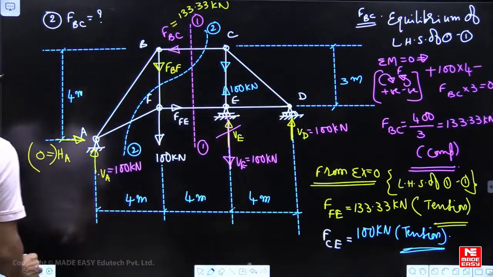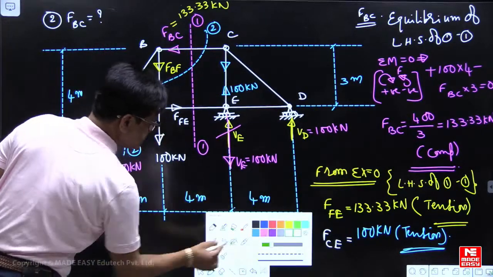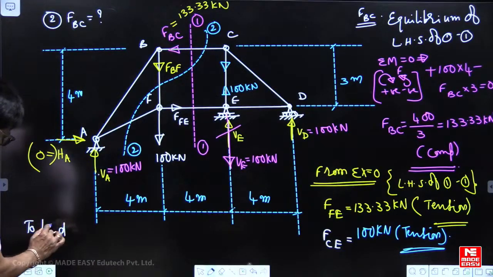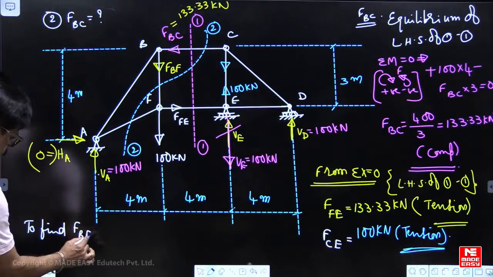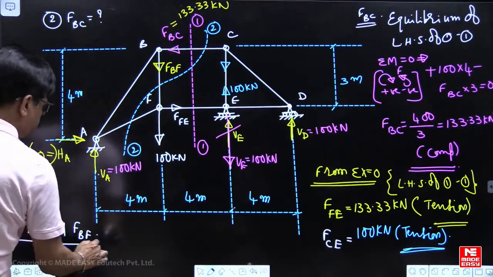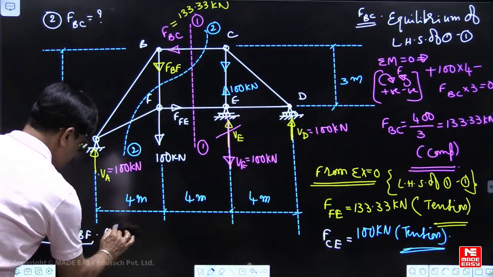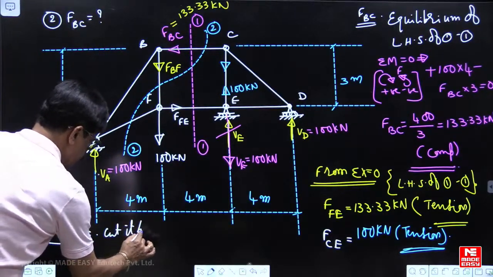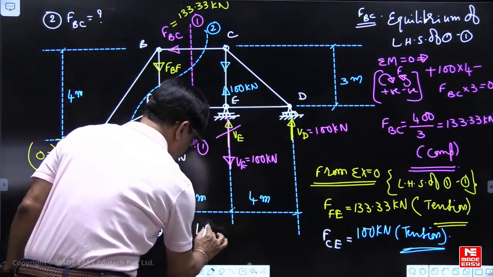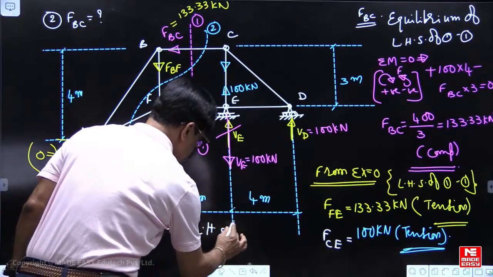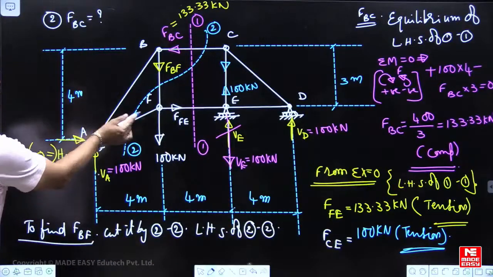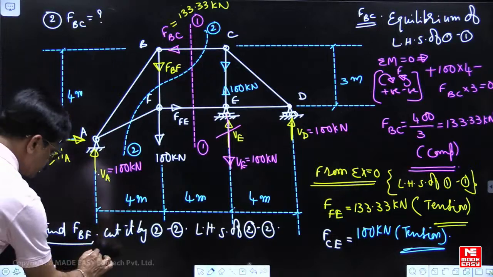So to find FBF, take sigma MA is equal to 0. Cut it by 2. You will take equilibrium of LHS of 2. Then sigma MA is equal to 0.